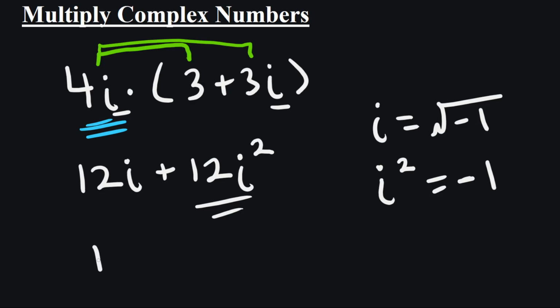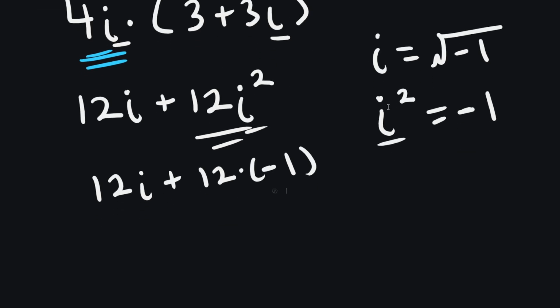Perfect, so we can rewrite this as 12i plus 12 times i squared, and we said i squared is -1, so 12 times -1. Good, and what's positive 12 times -1? That is -12, so we have 12i minus 12.